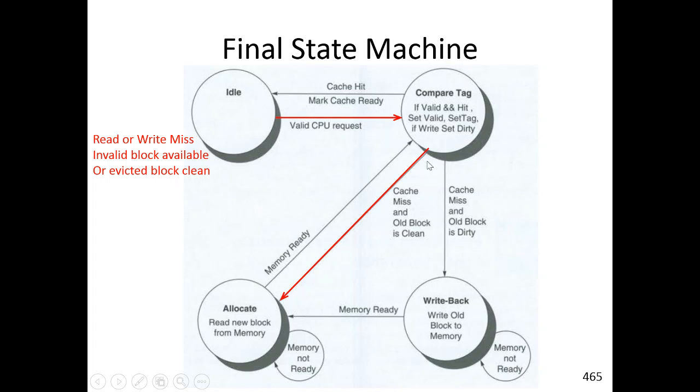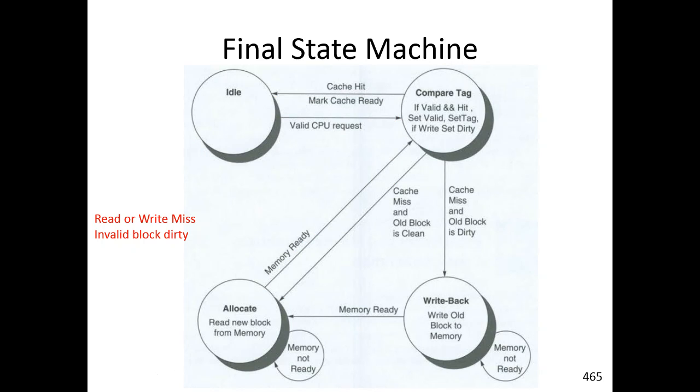So then we have to go out and allocate and read a new block from memory, meaning from disk, then bring it in, set the valid bit, update the translation look-aside buffer and the page table for that program, and write it back out to cache.